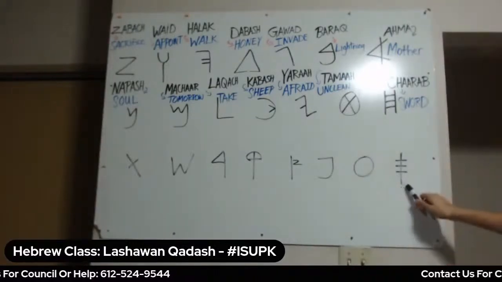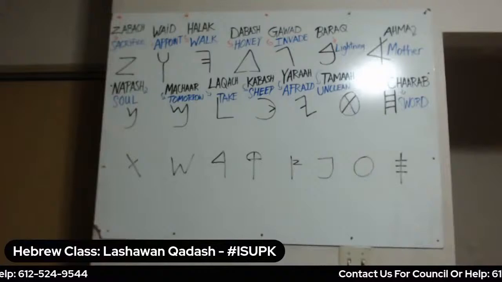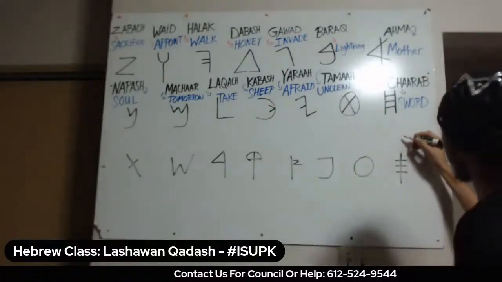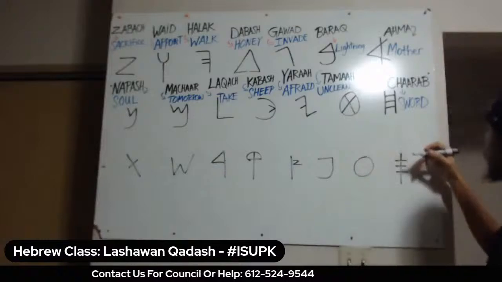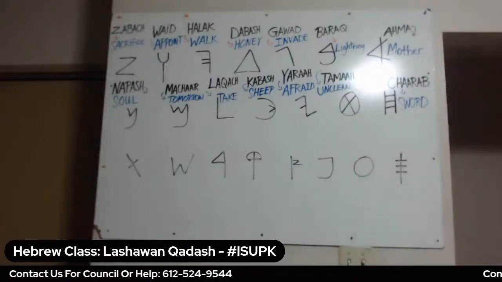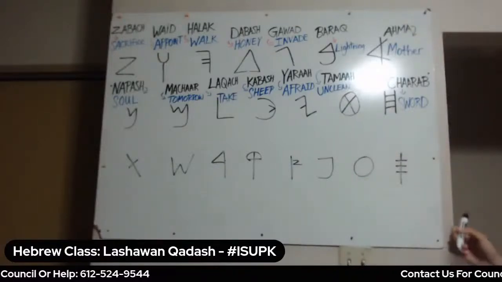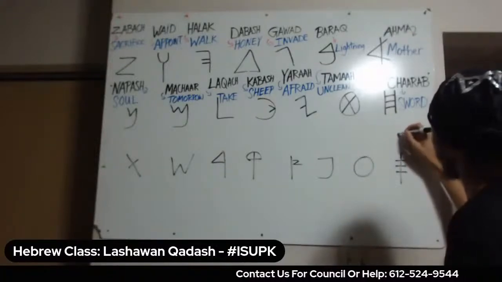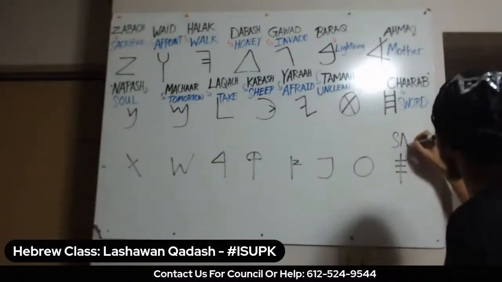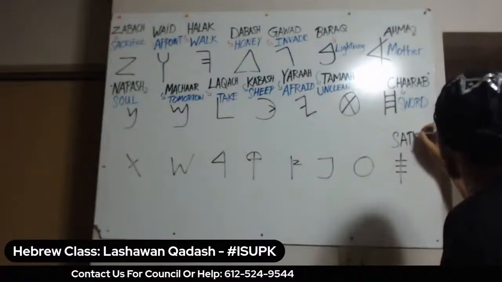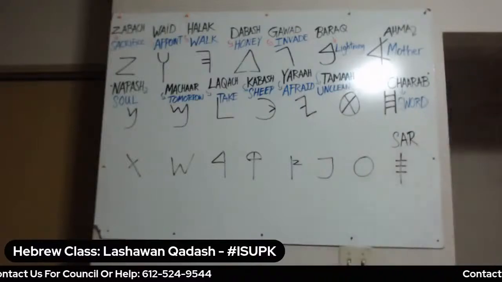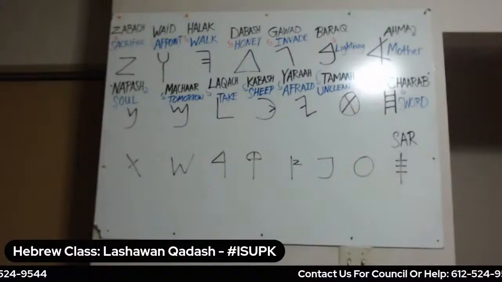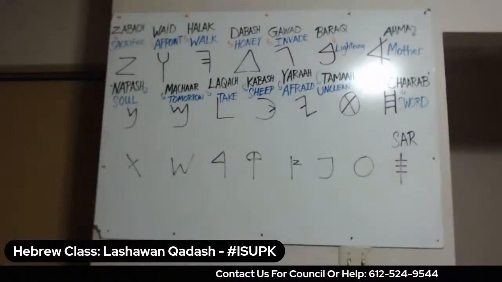This is sa, S-A, sa. This one is self-explanatory. For those brothers and sisters that are always in class, everybody should know what this Hebrew word is. At least I hope so. The Hebrew word is sar. At the end of class, you're going to hear the word sar.